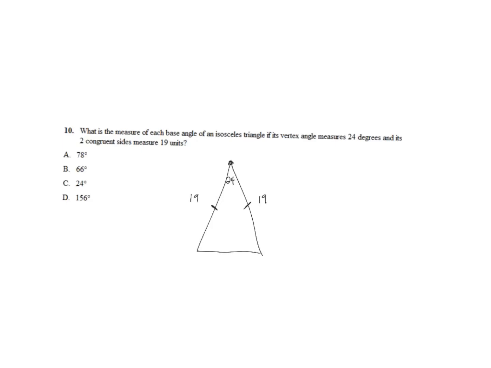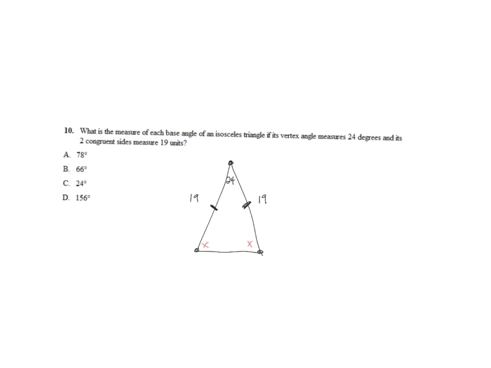So we've been able to come up with a diagram that's similar to the triangle here, 19 and 19. And now we're working on our base angles here, x and x. And here you have 24 degrees with two congruent side measures of 19 units.